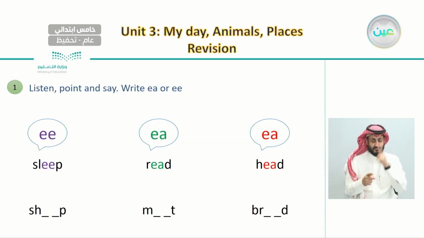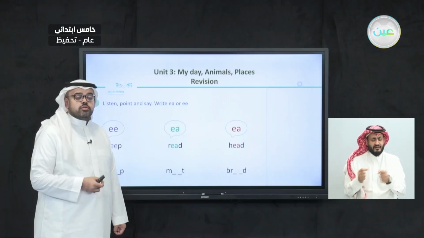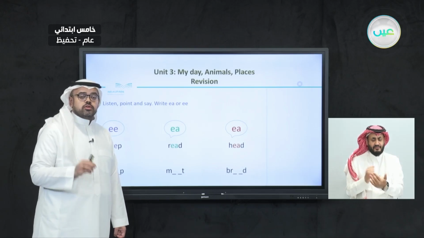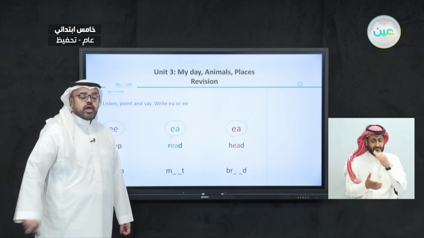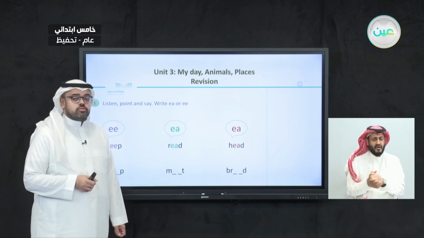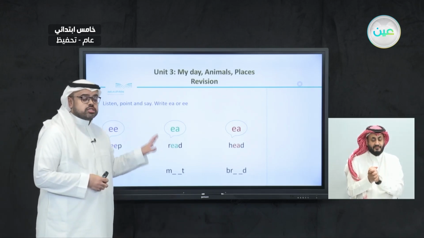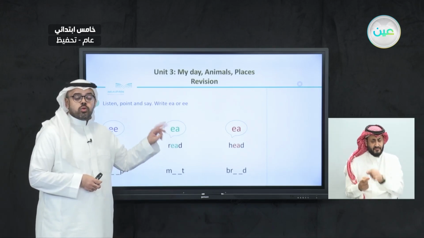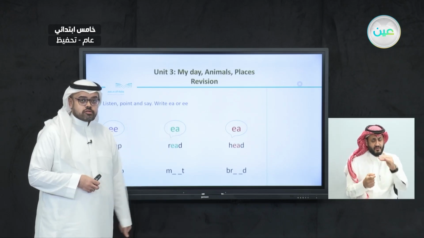Quick revision of our last lesson. In our last lesson, we learned 3 different sounds, and how we learn these sounds by setting examples on 2 words of each of these sounds.